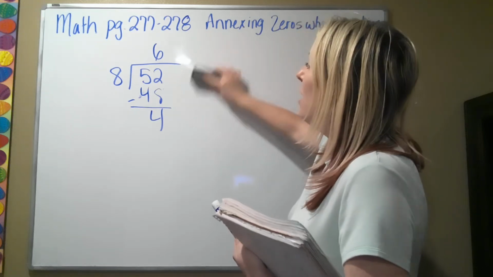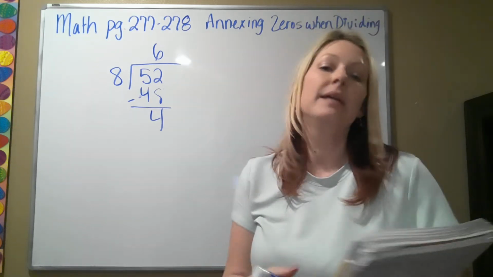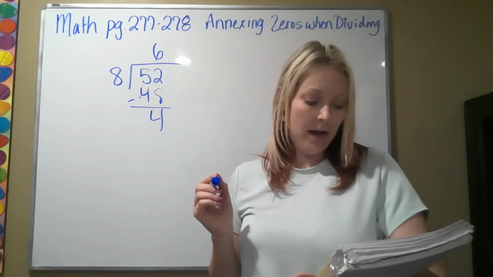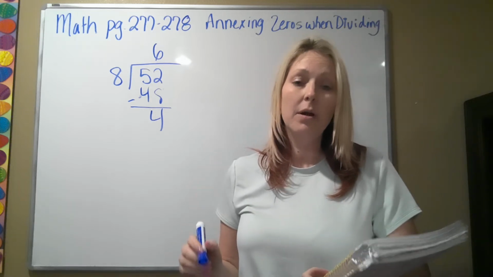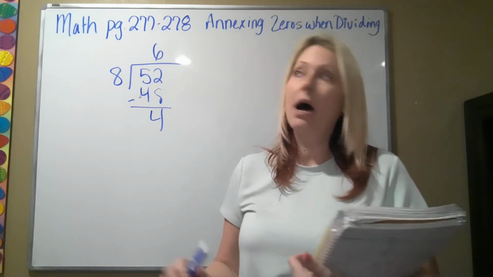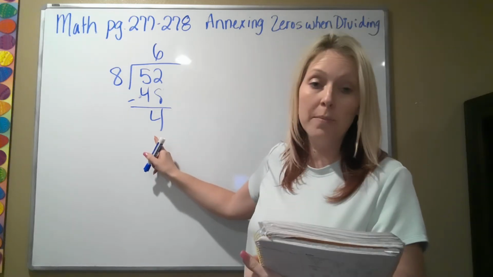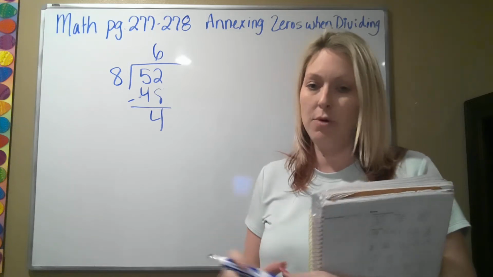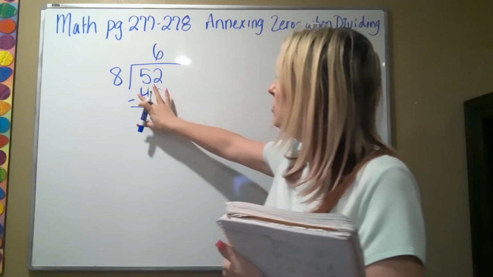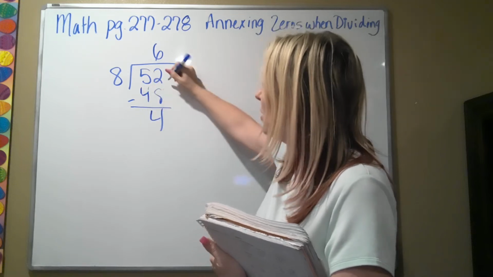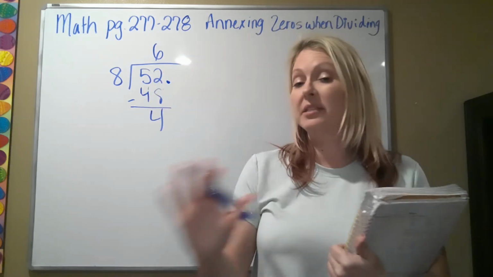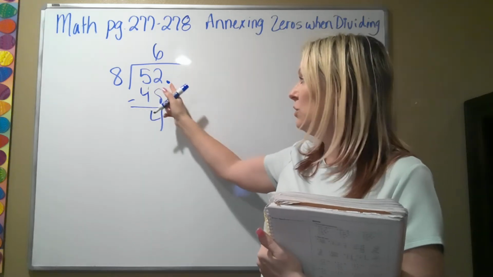Well, annexing zeros means I want you to end up with no remainder, a 0 at the end here. Now, how you can do that is you can add a 0. Remember that if I put a decimal place there, it's the same value, right? 52, 52.